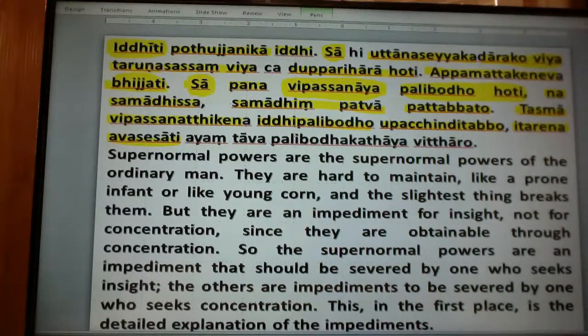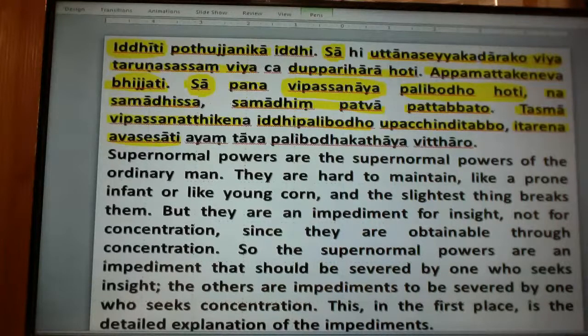So it's enough, the explanation of the impediment is enough. If we explain more, it would be long. Vitthara means long, many; long means taking time, and many things. So the explanation here is enough.